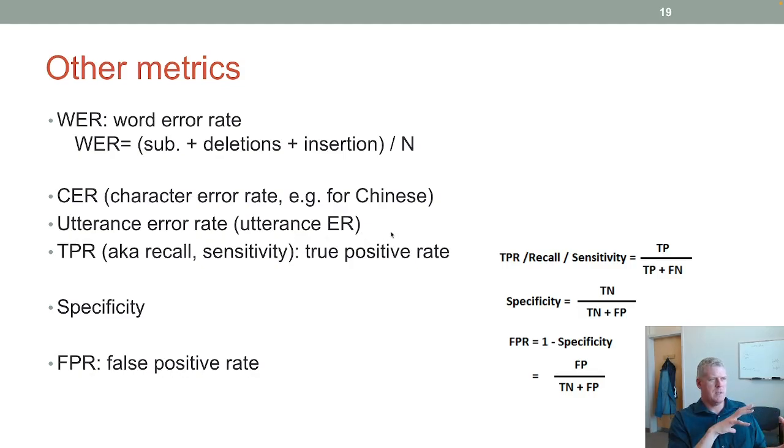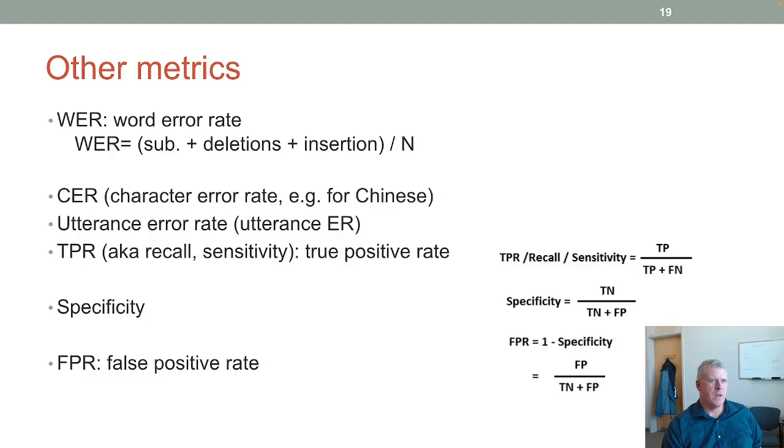Was the response to this utterance correct or not? At a very high level. You can also look at the true positive rate versus the false positive rate with these formulas here. So just to be aware, there's other metrics to measure the accuracy of speech processing, machine learning models, as well as machine learning in general.